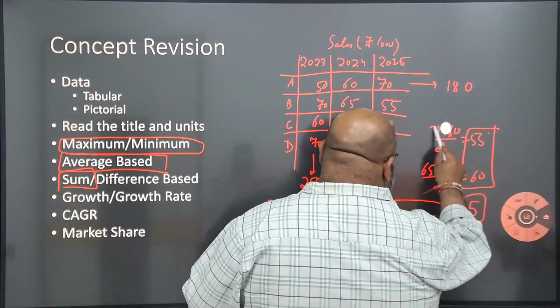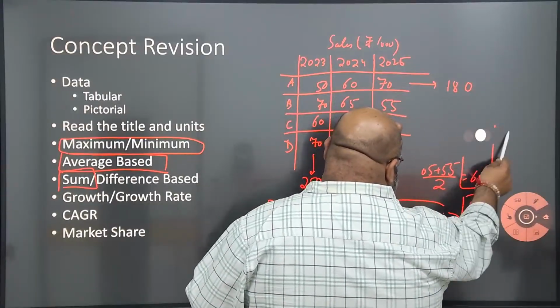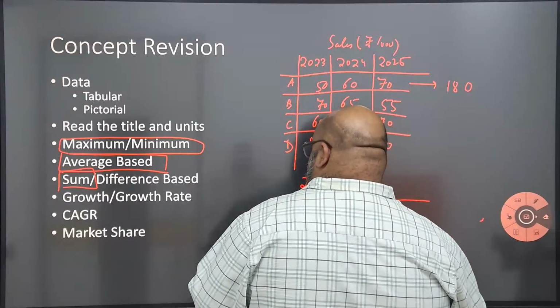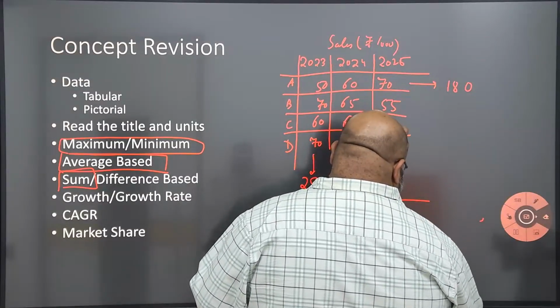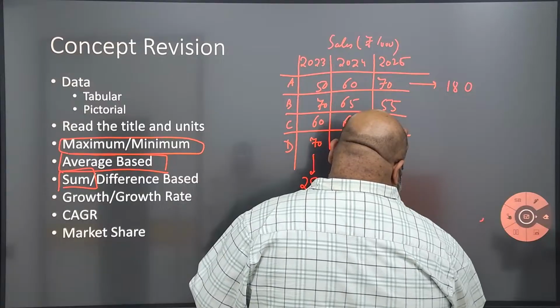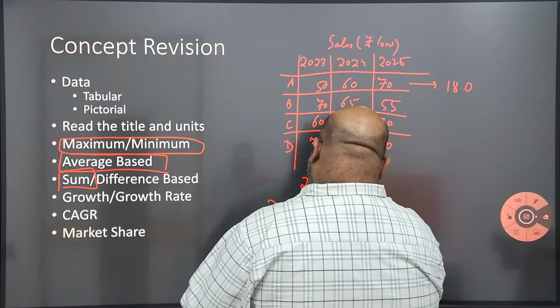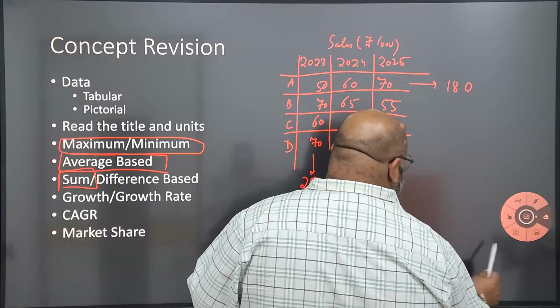Then comes the interesting part, or the part where the mistake starts to happen. These are questions which are based on rate: growth rate, change rate, rate of decline.